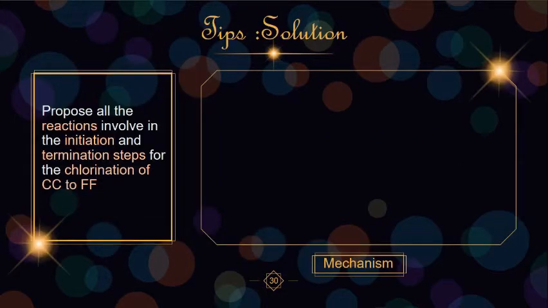Okay, the next question is propose all the reactions involved in the initiation and termination step for the chlorination of CC to FF. Okay, you need to propose all the reactions involved. Okay, and termination step from the CC. Okay, CC kita tadi apa? So we'll recall back.